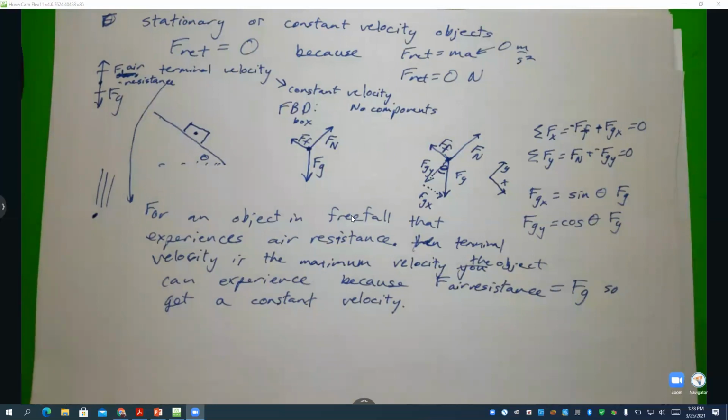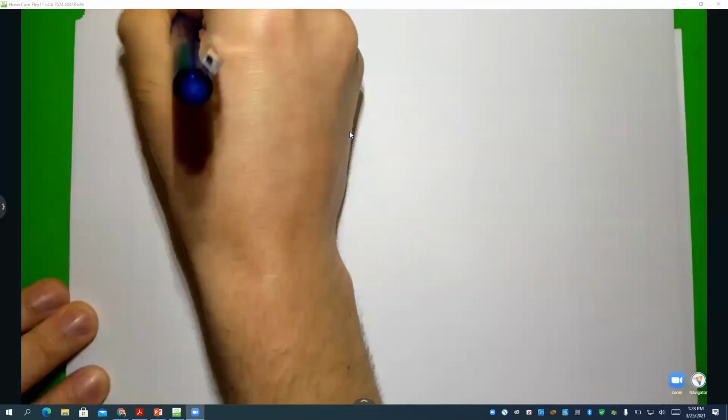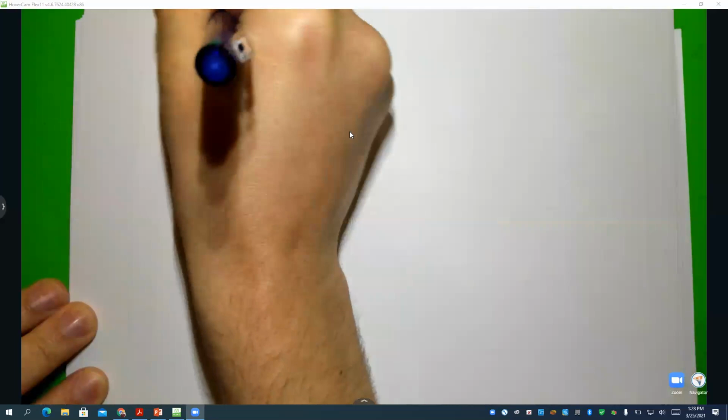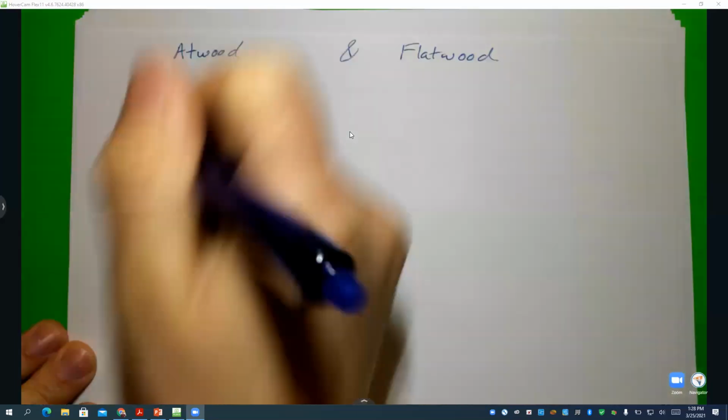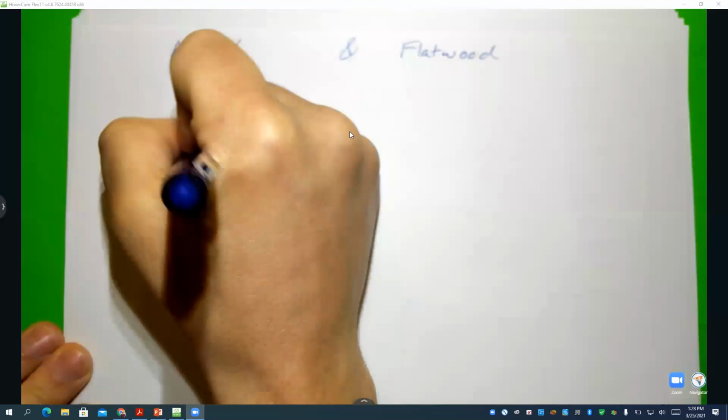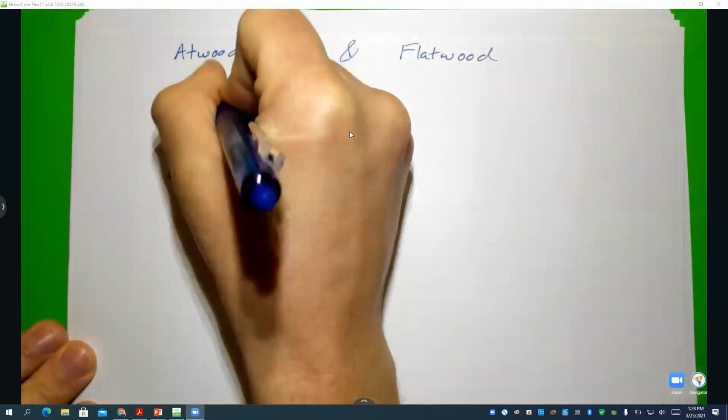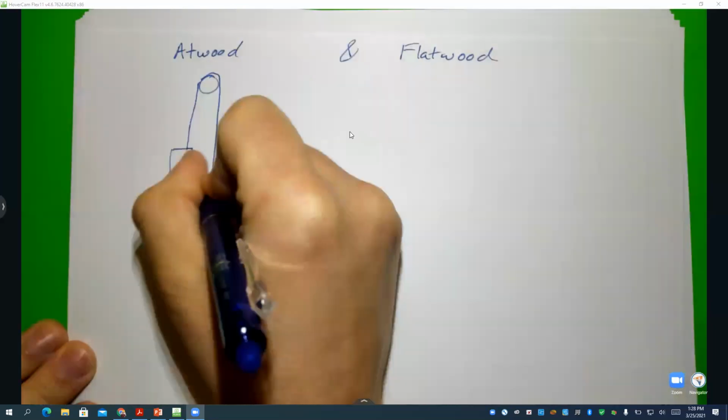No problem. Okay. So if no other questions, then I'm going to talk about Atwood and Flatwood. And they usually draw it, and sometimes people don't call this a Flatwood machine, but I just think the general idea, you have two objects.